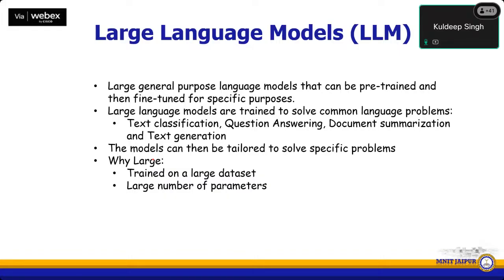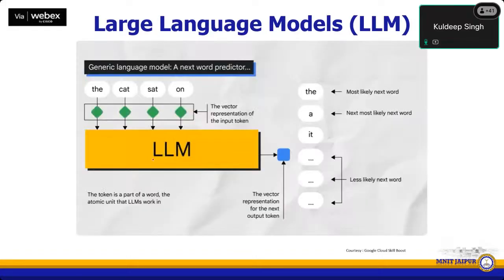Recall our discussion on deep learning, where we were calculating the number of weights and biases. Those were the parameters of any neural network which need to be trained. So these large language models have billions of parameters. While training these models, we need a large volume of data, and we need to train this large number of parameters, so we need large compute power as well to train these models.